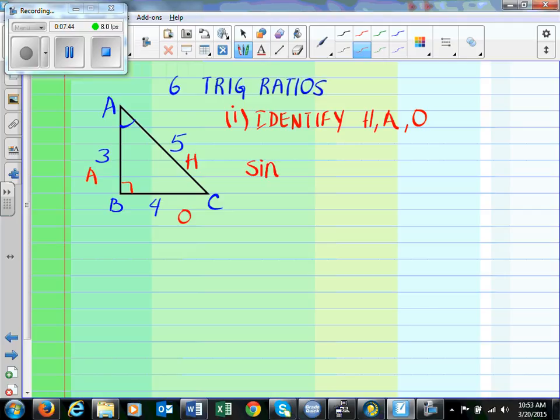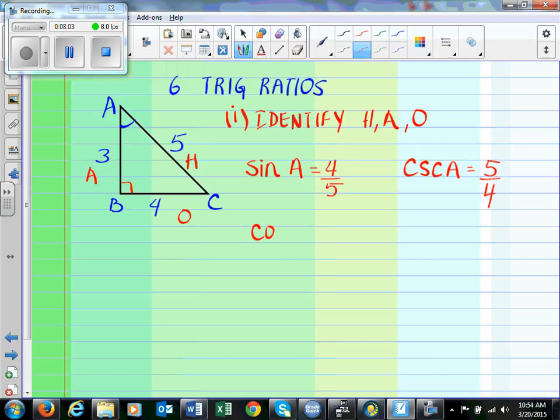So sine A will be opposite over hypotenuse. Since I have the sine, the cosecant will be 5 over 4.